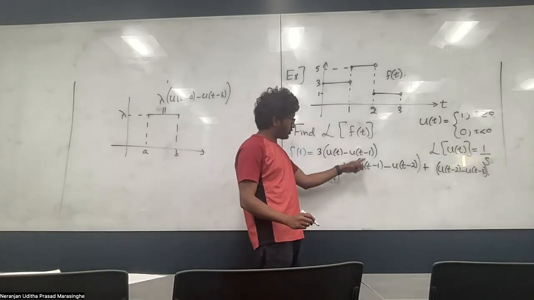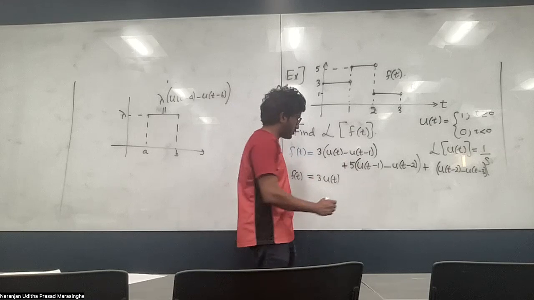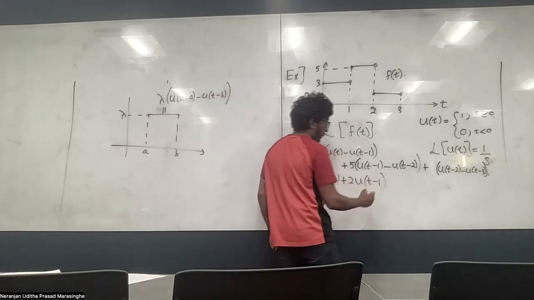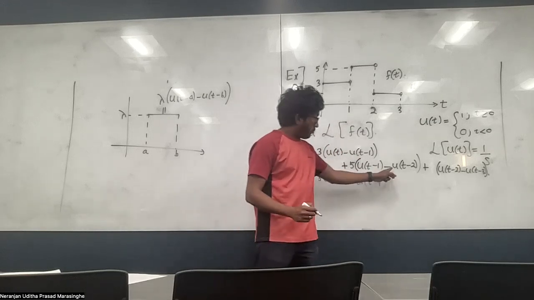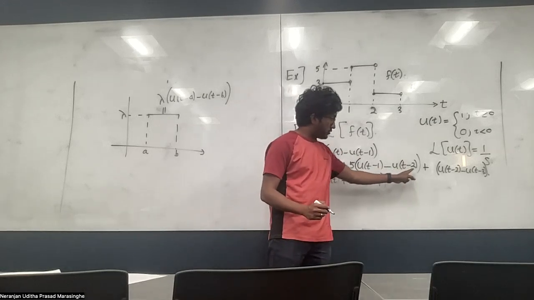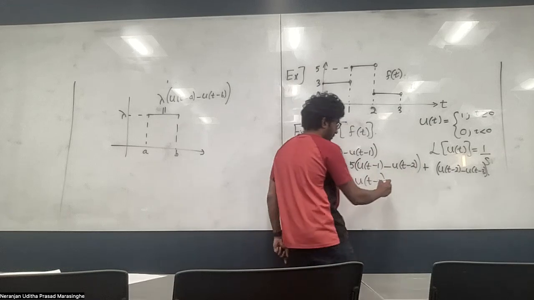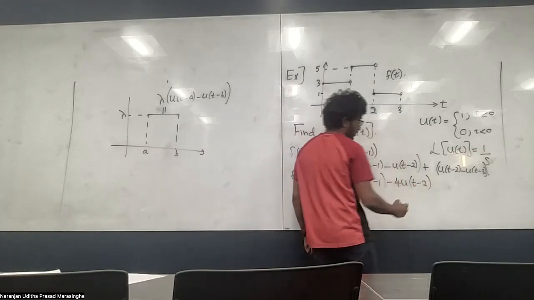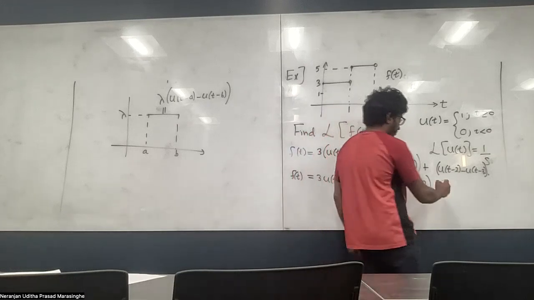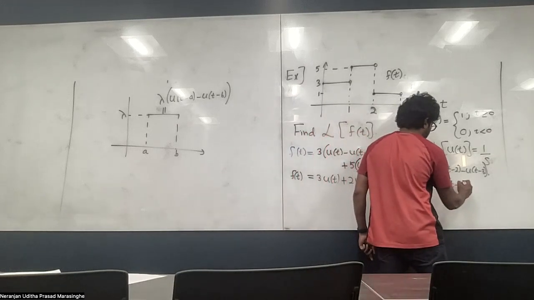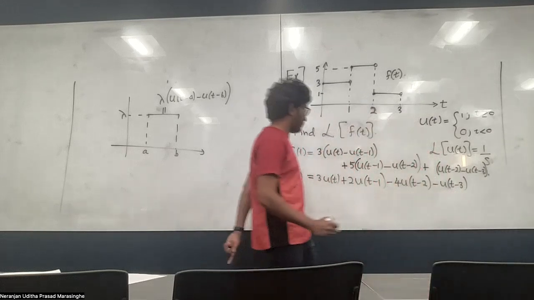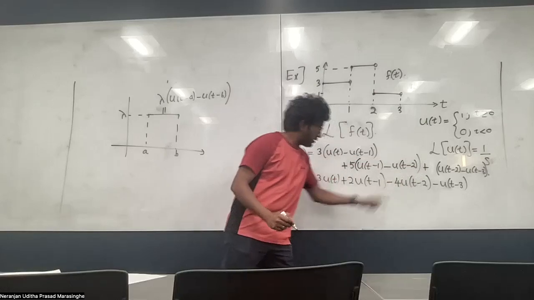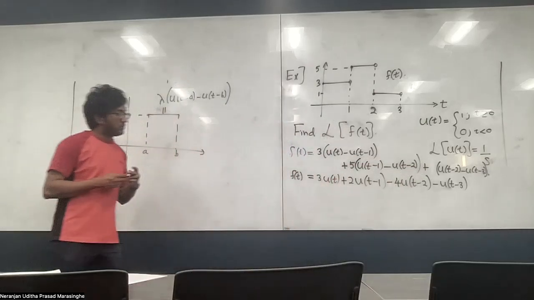Now I have 5 times u(t minus 1) minus 3 times u(t minus 1), that means 2 times u(t minus 1), minus 5 times u(t minus 2) plus u(t minus 2), that means minus 4 u(t minus 2), and minus u(t minus 3). Okay, this is my function. Minus 5 plus 1 is minus 4, right?